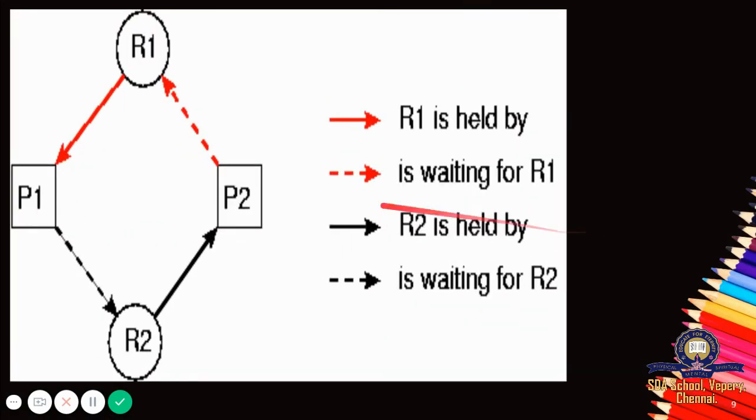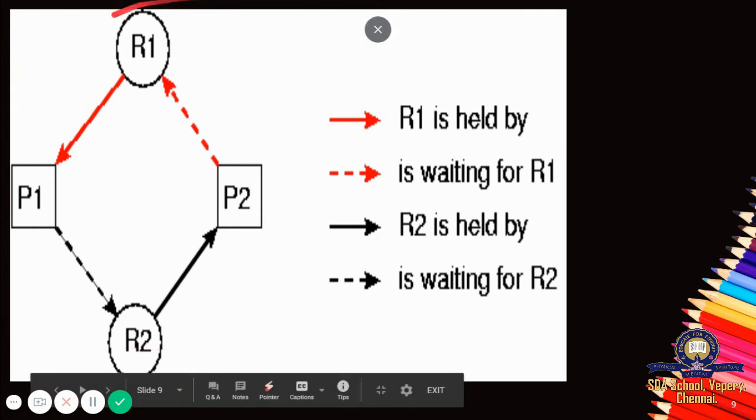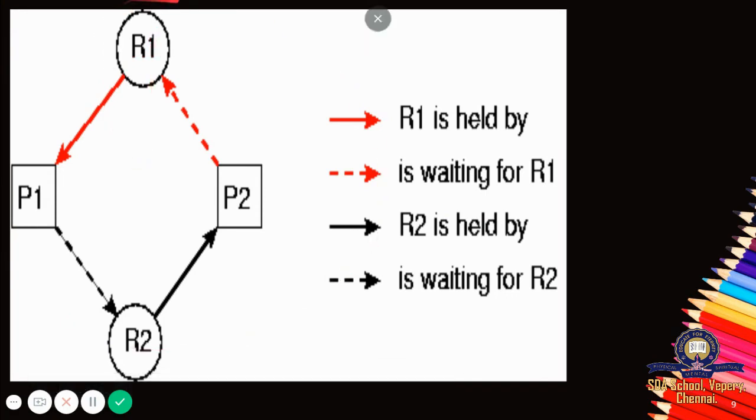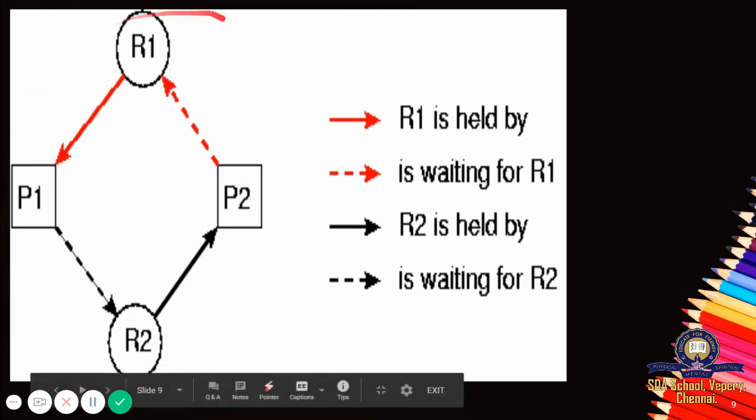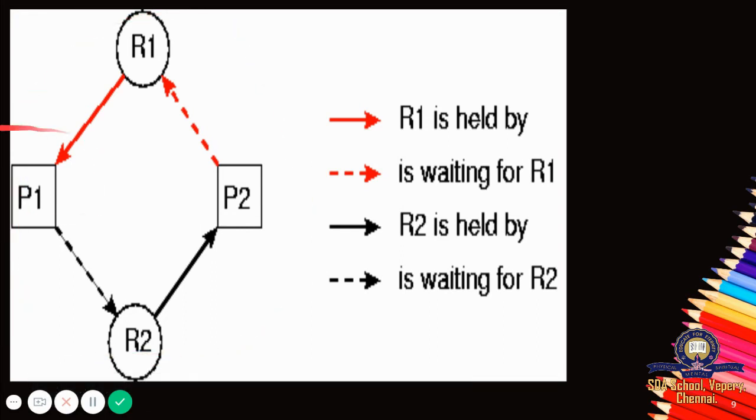Okay. Now this is how your processes and resources look inside your computer system. So this R1 is nothing but your resource and this P1 is your process. We simply call these process states. P is denoted as process 1, which is job 1, and P2 is your job 2.